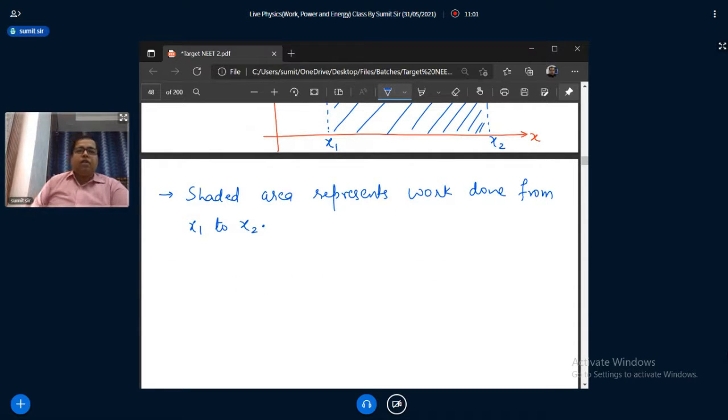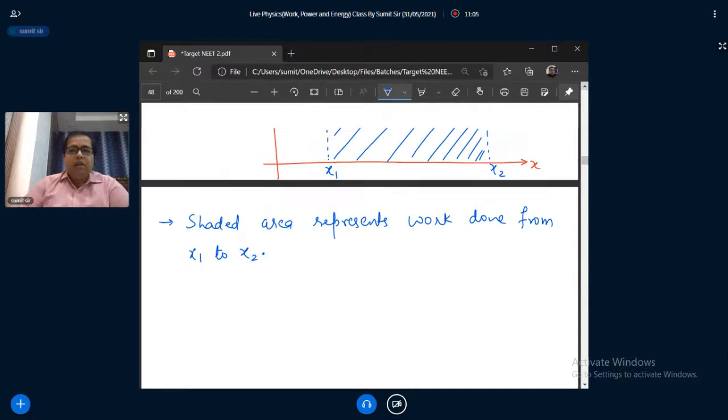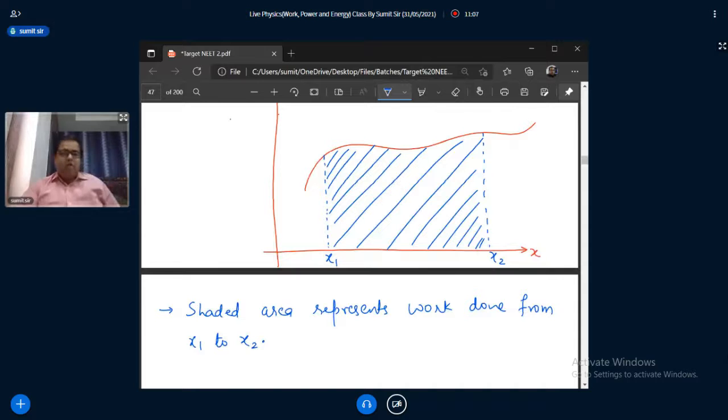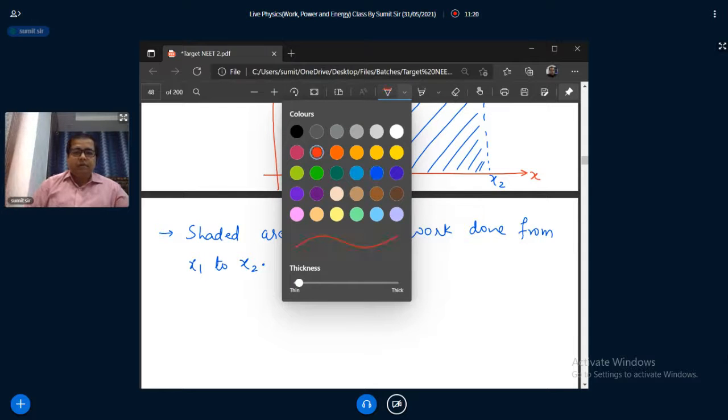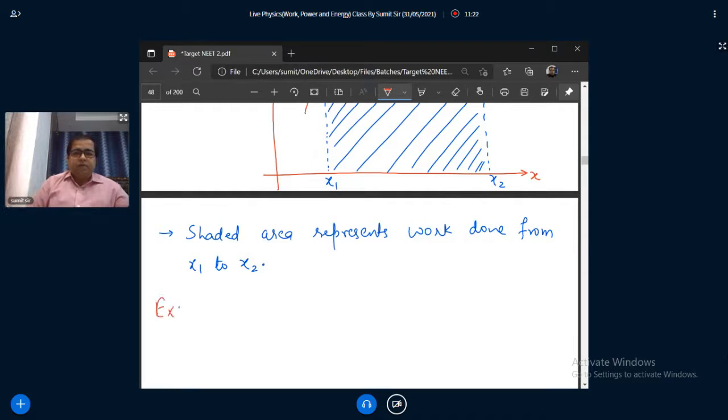Okay. This is how we calculate work done by the force using the graphical method. So let's calculate work done using this graph.